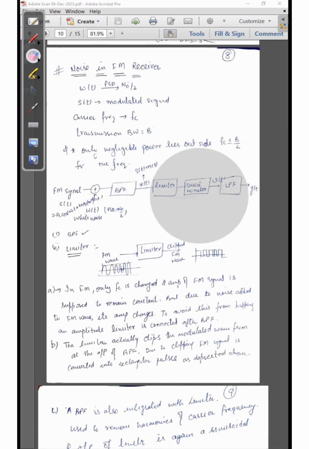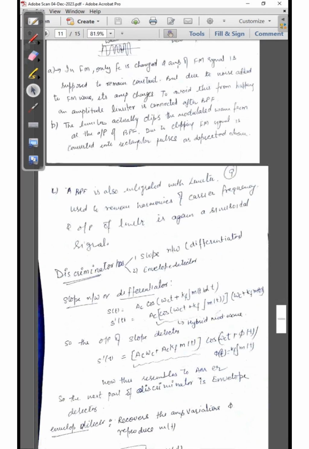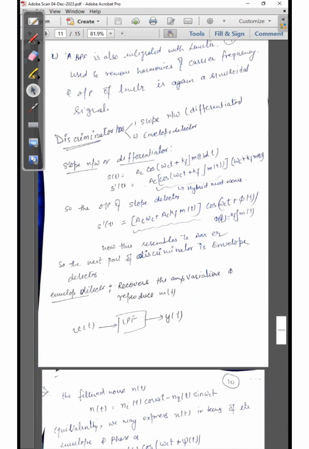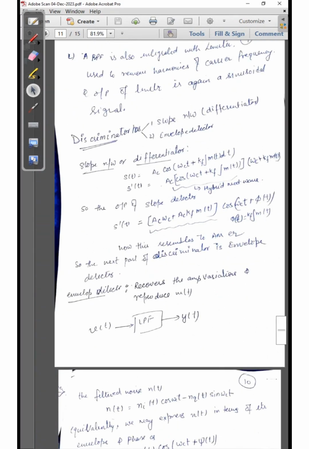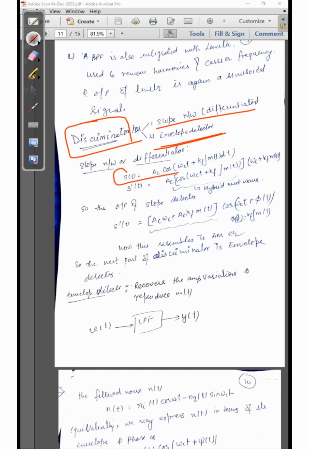The next part of the block diagram is the discriminator. The discriminator contains two parts. One is a slope network or differentiator, and the second is an envelope detector. To understand the function of the discriminator, suppose our modulated signal was a purely frequency modulated signal, right? The equation of the frequency modulated signal is nothing but Ac cos(omega ct plus kf integration 0 to t m of t dt).